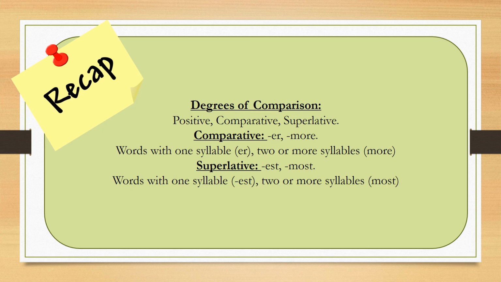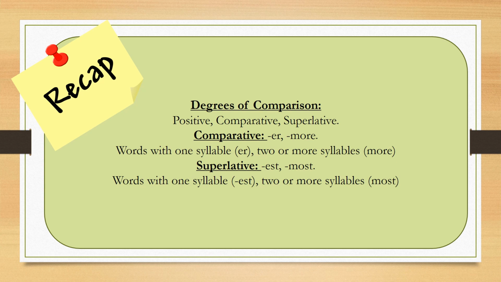If you look at this line, words with one syllable, it means the words which produce one sound, you will use er with those words. For example, clean, you will use er with clean, so it will be cleaner. Similarly, the word soft, you will use er with it and it will become softer.